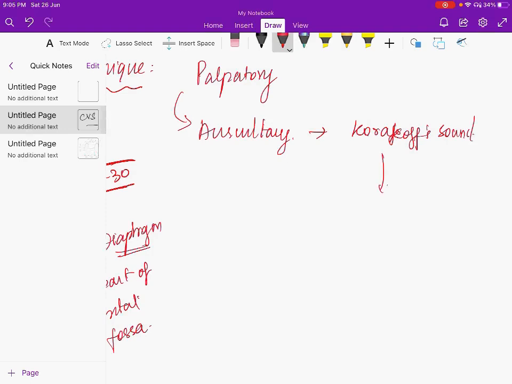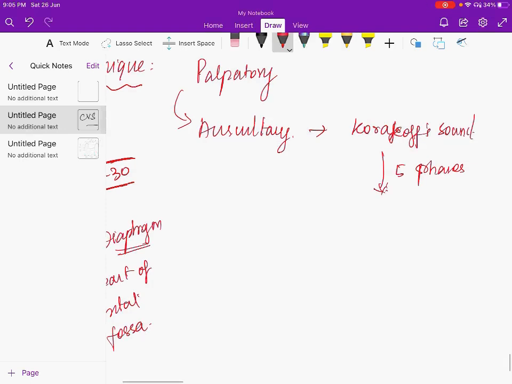There are 5 phases of Korotkoff sound, which no one can really differentiate. The sound is the same from when it starts until it ends. Some have said it will be thud like, whistle like or blowing like, but I have never experienced that. At one point it will just disappear, at 70 millimeter of mercury.